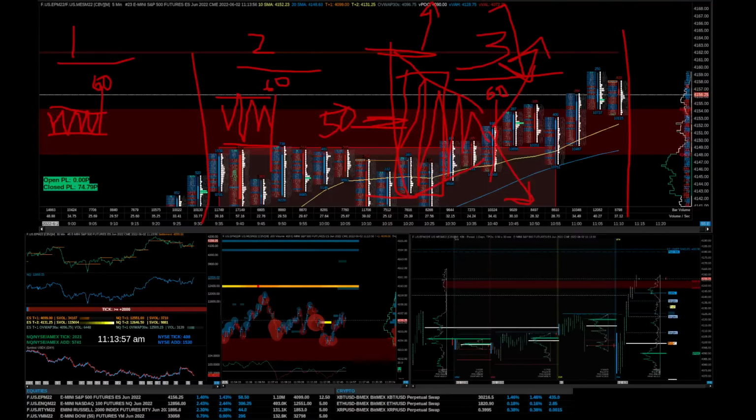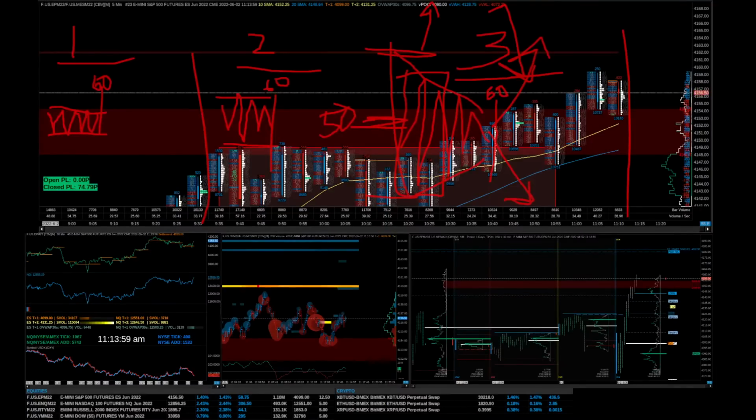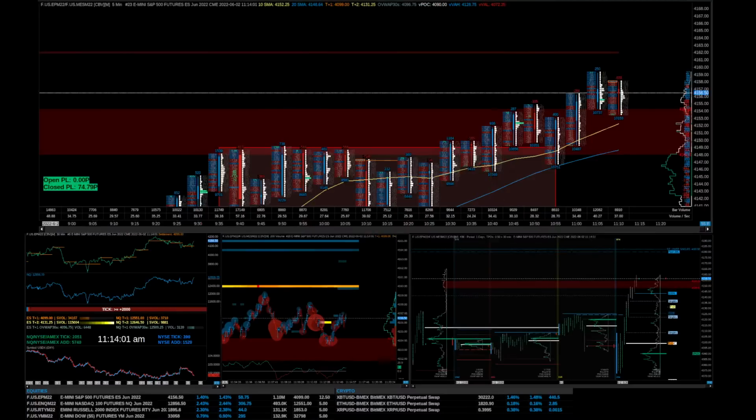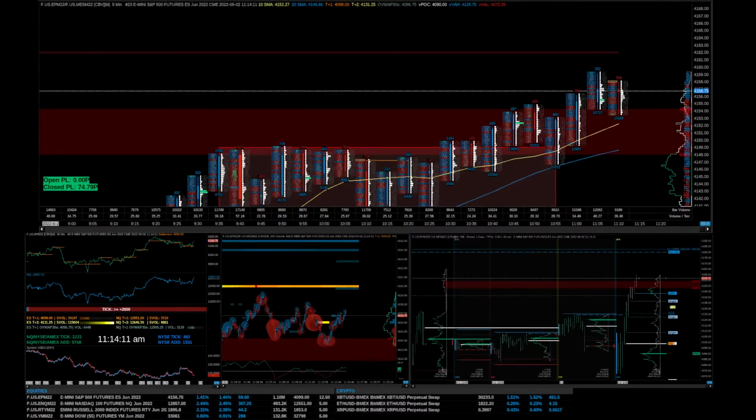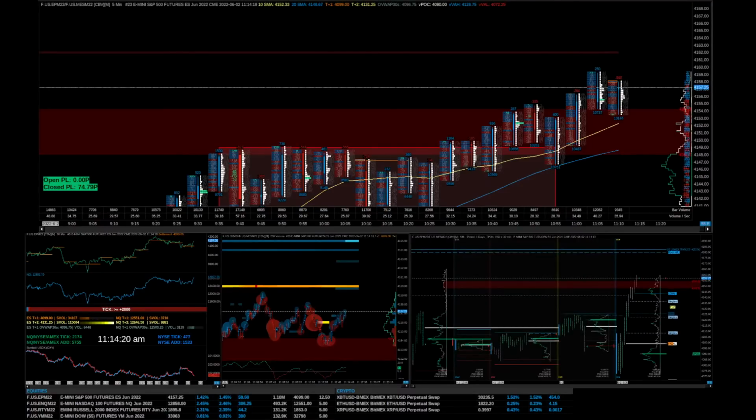Nope, it doesn't work. Let's try this again. Nope. All right, let's do this. Shift F9. Hence, gotta use all my tools.